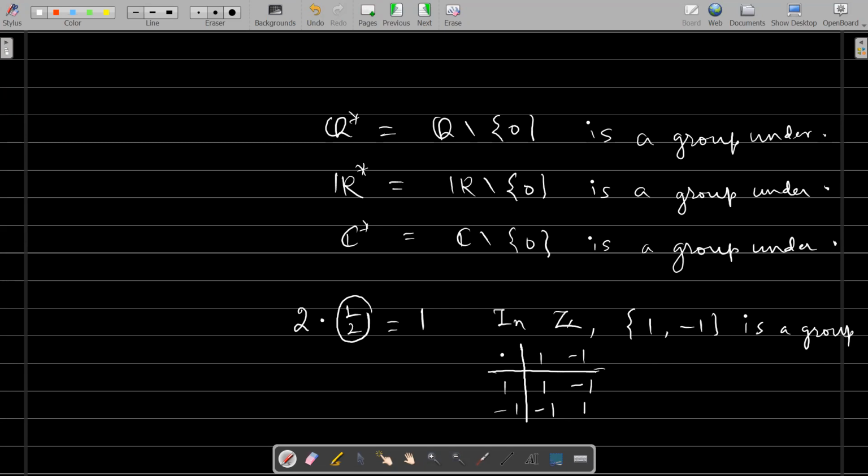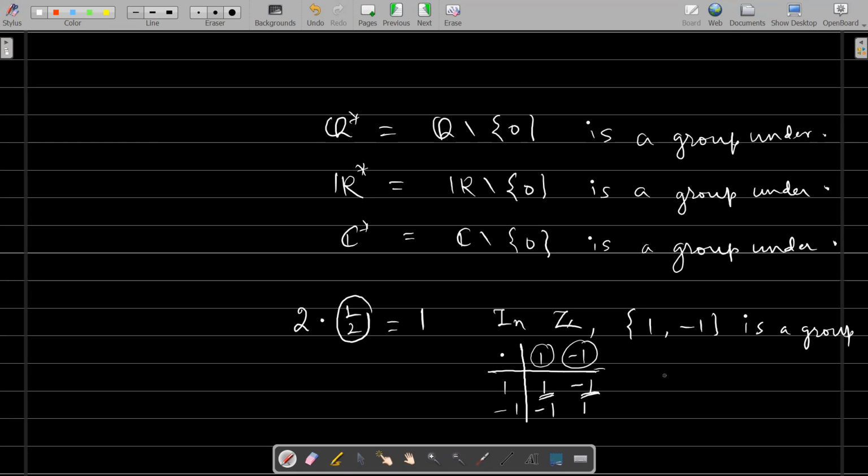Then associativity holds in the original set Z, so that follows from Z. And you see 1 works as identity. In fact, the row of 1 or column of 1 is just the same order. Like we have 1, minus 1, 1 into 1 is 1, 1 into minus 1 is minus 1.